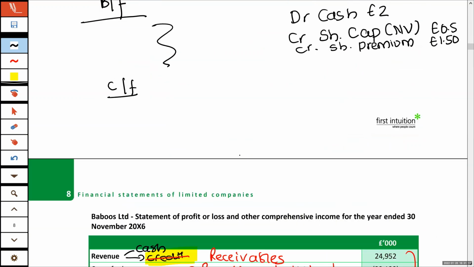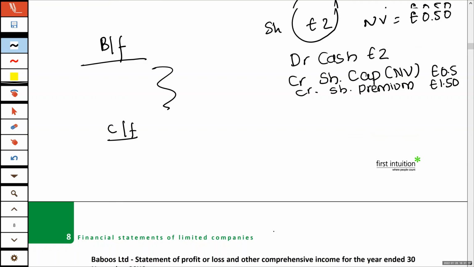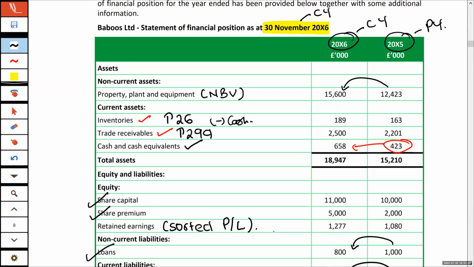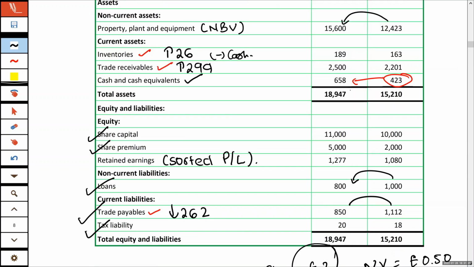So far, we've looked at each and every item and tried to decide where we need to put it. Any questions from anyone on anything so far? Okay. Perfect. So we are going to move on.